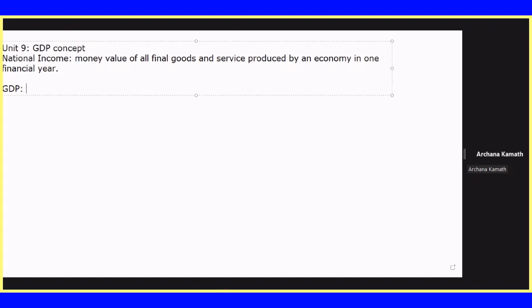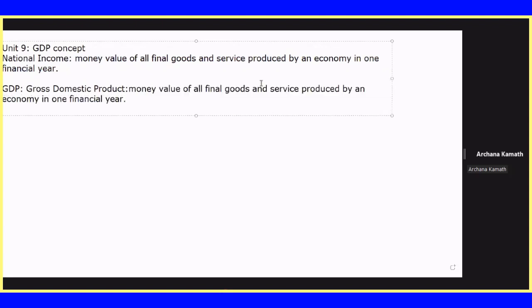So there are four aggregates. I hope you will be familiar with your full forms. Gross domestic product is GDP. Same definition, money value of all goods and services, but one difference is produced by an economy domestically. Okay, domestic is something that happens within the four boundaries of our country.